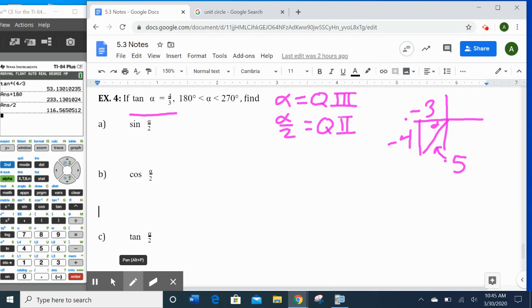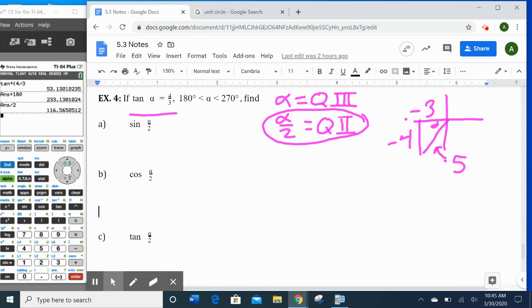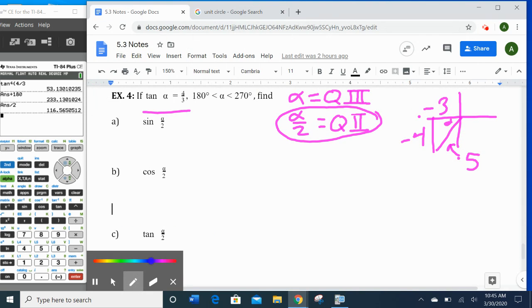And so what that means, all of these different trig functions either have the option of being positive or negative. And I'm looking in quadrant 2. In quadrant 2, the sine is always positive. The cosine is always negative, and the tangent is also negative.